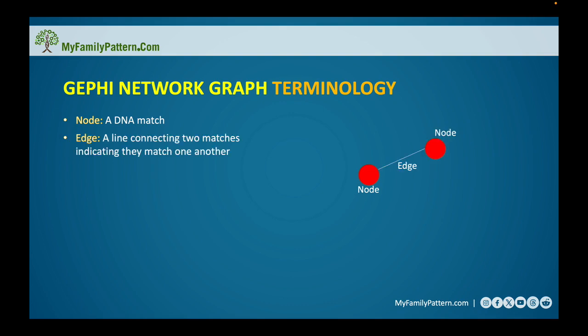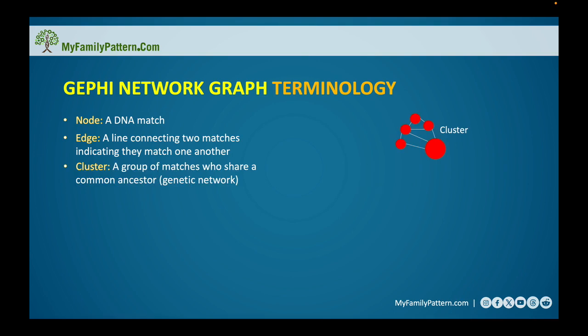Now, when we have multiple matches in a graph, they are connected with lines. These lines are called edges. And these edges are nothing more than to say one DNA match matches another DNA match. And then when we have a group of DNA matches that all match one another or match some of them, but are closely connected because of the number of matches, we call that a cluster.